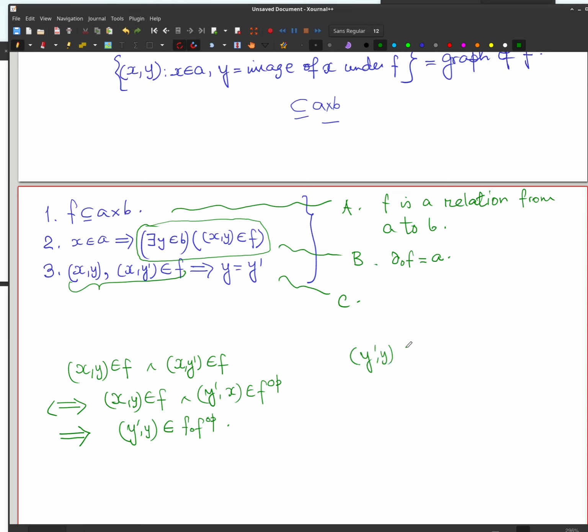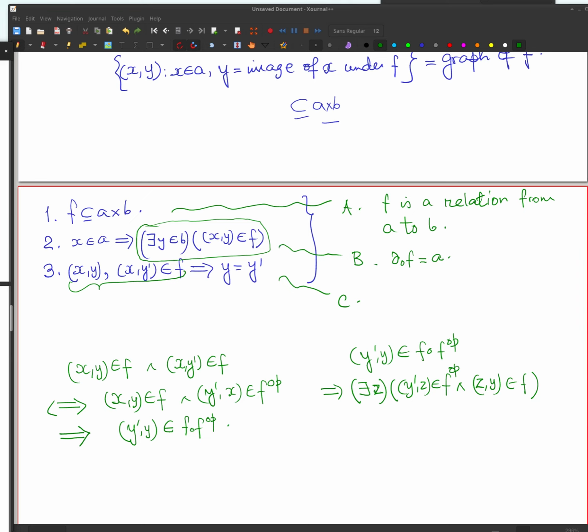(y', y) belongs to F composed F op. So this tells me that there exists a z such that (y', z) belongs to F op and (z, y) belongs to F. That's exactly the definition of F composed F op. Right?